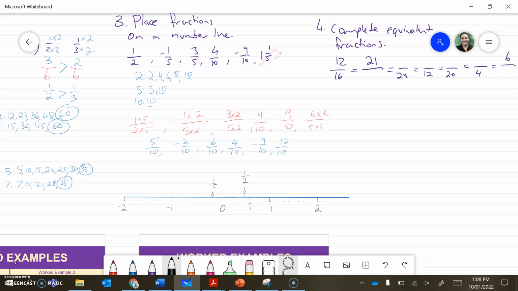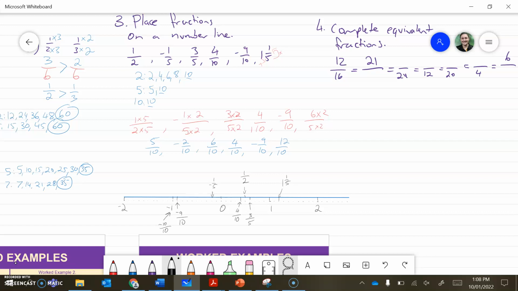So 6/10 is equivalent to 3/5. We then have 4/10, -9/10. It's going to be 1 before -1, because remembering that negative 1 would be negative 10 on 10. And then our last one was 12 tenths, which was 1 1/5. Okay, and that's how we place our values on the number line.